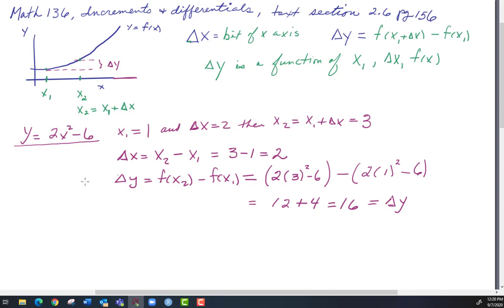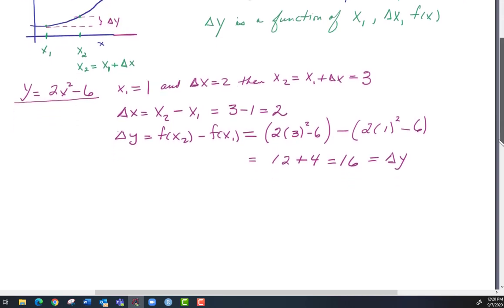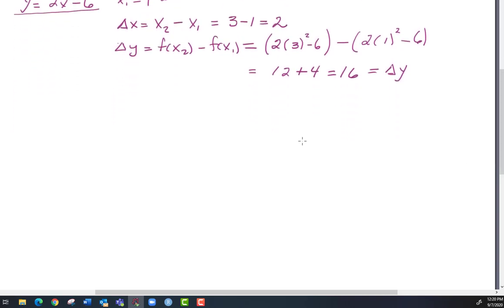Now that is work with increments. Let me get some more paper here. Sometimes it's just inconvenient to find the increment. If I've got a complicated function, it may be a little bit inconvenient to find the increment delta y.